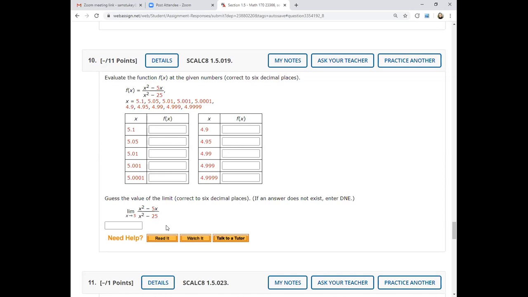So if you do, let me terminate your screen share for a second. And let me, oops, I don't have my calculator open. So basically, whichever value it's getting close to, the y value. I can poke it in really quick.